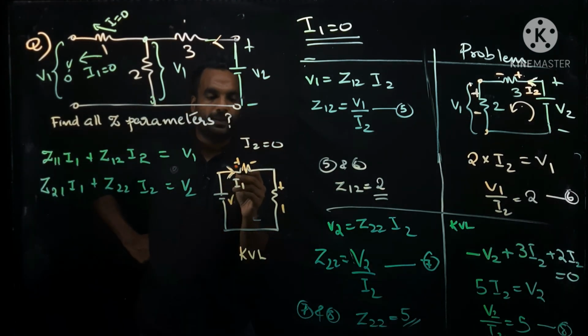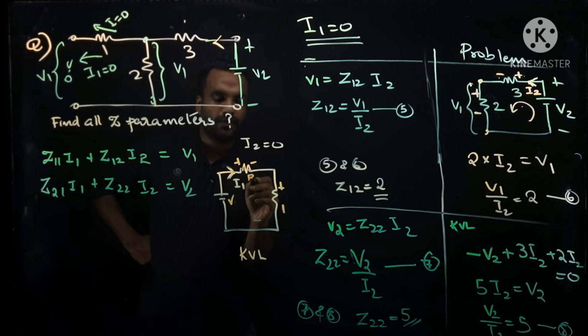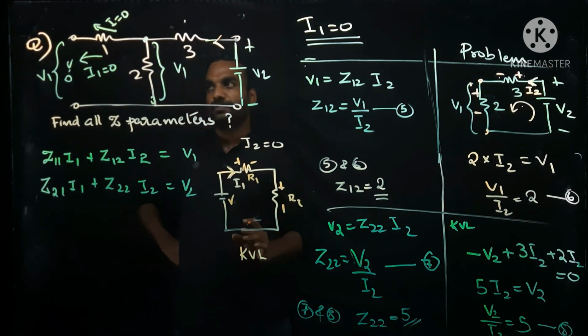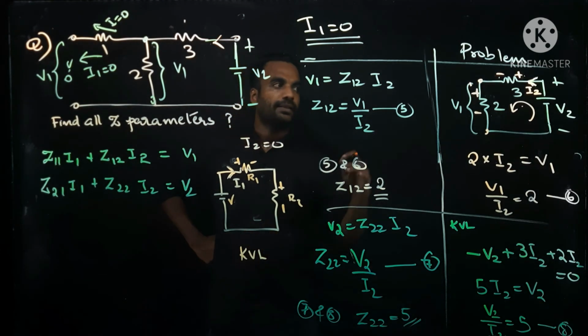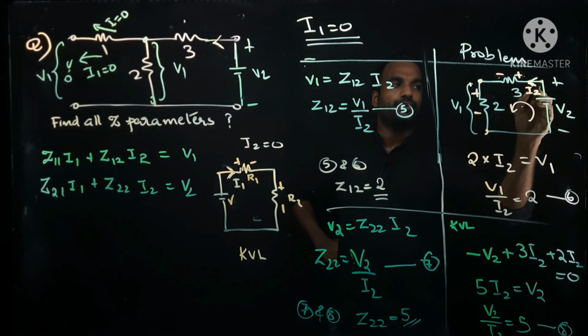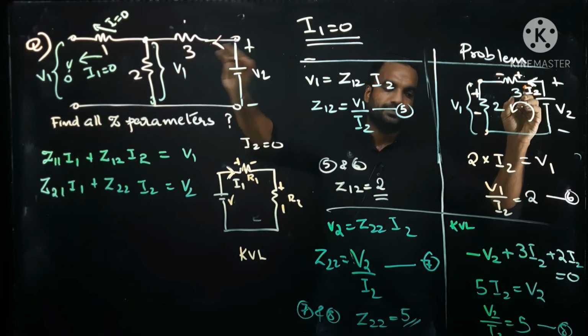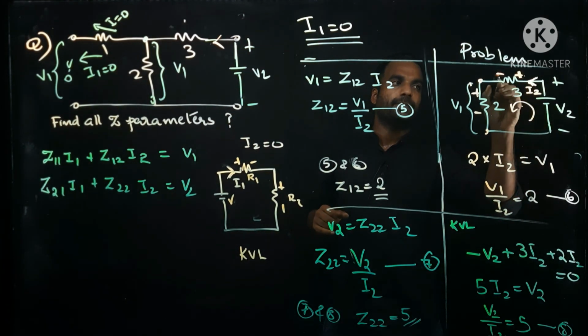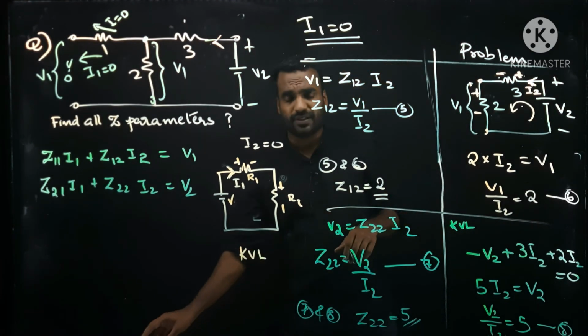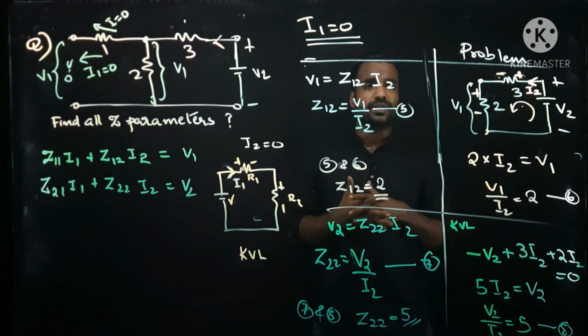Minus V plus I1 into R1 plus I1 into R2. In the second equation, you have to check that the direction of I2 is given as this. Then mark the polarity based on that.